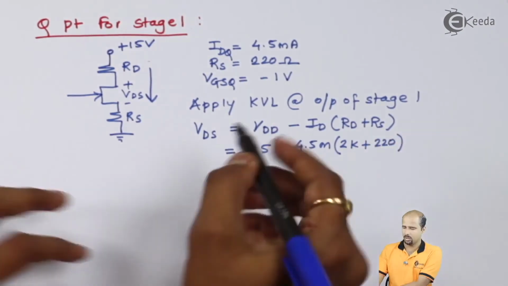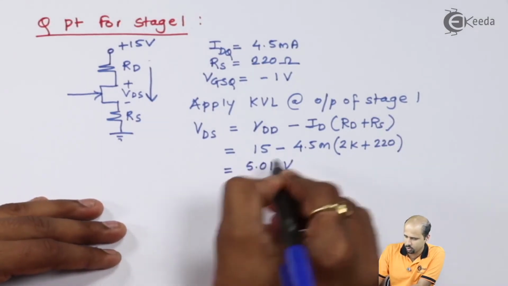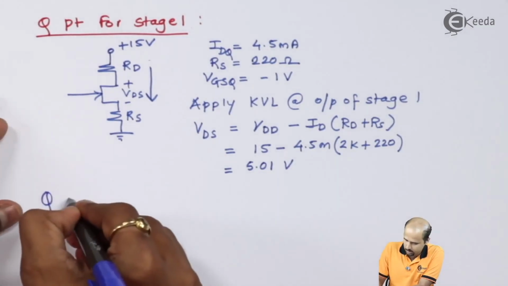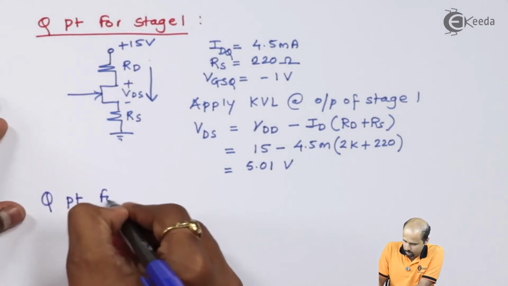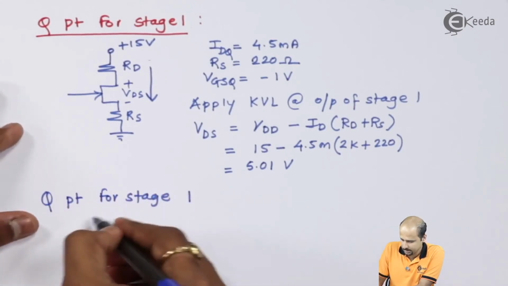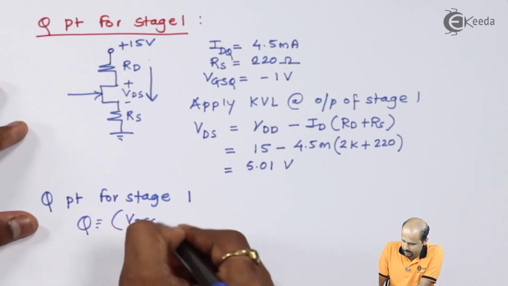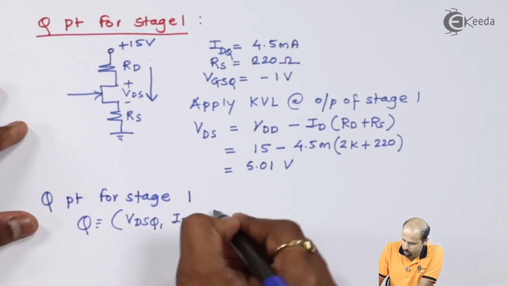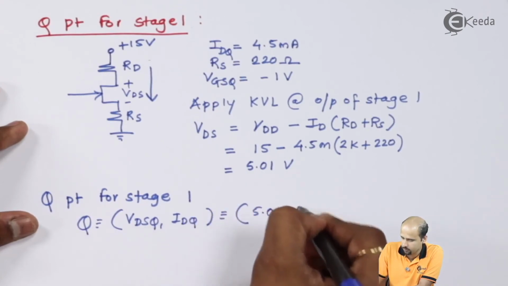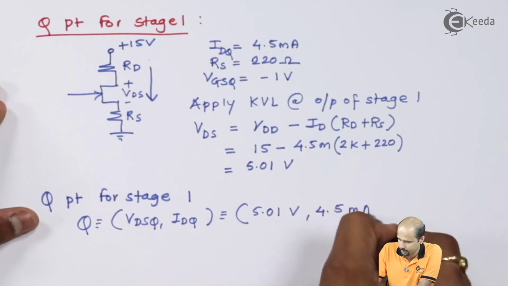Calculate this value. VDS becomes 5.01 volts. So the second Q parameter we have got, that is the Q point for stage 1, that is nothing but VDSQ comma IDQ, that is 5.01 volts comma 4.5 milliampere.